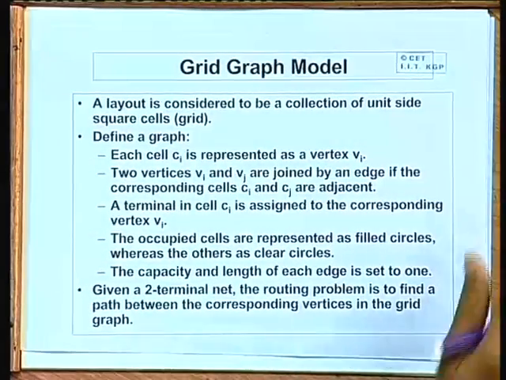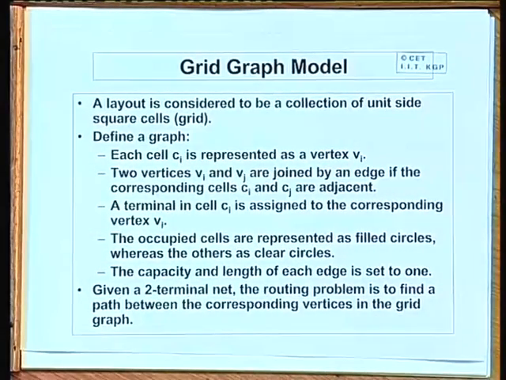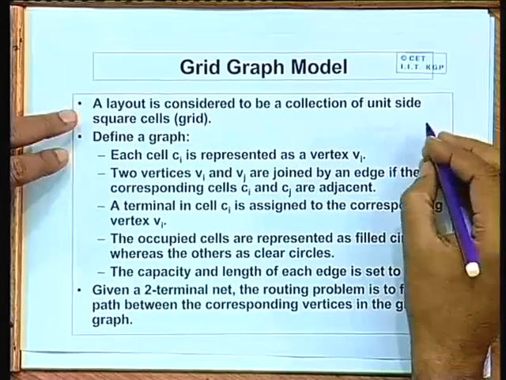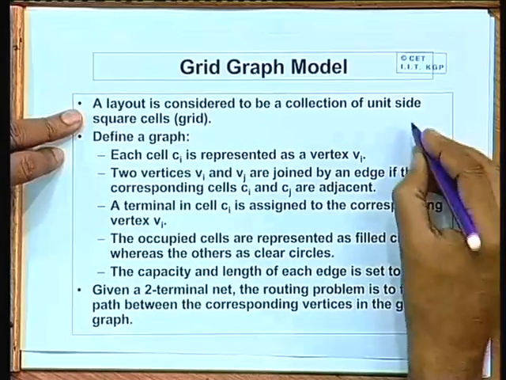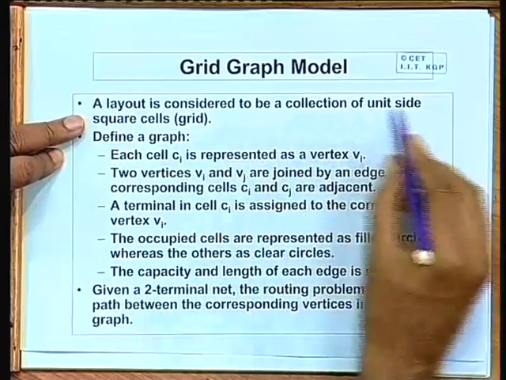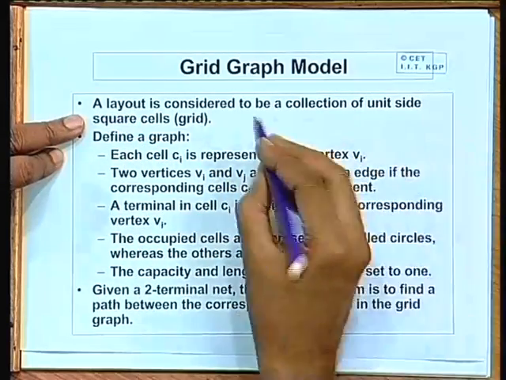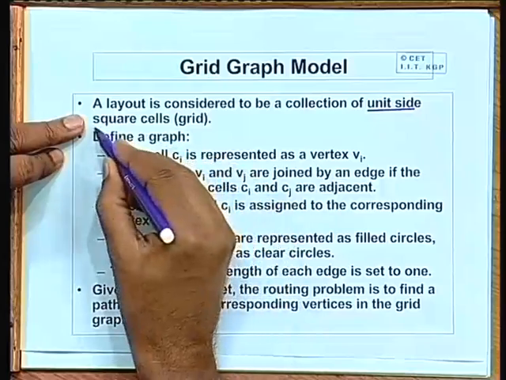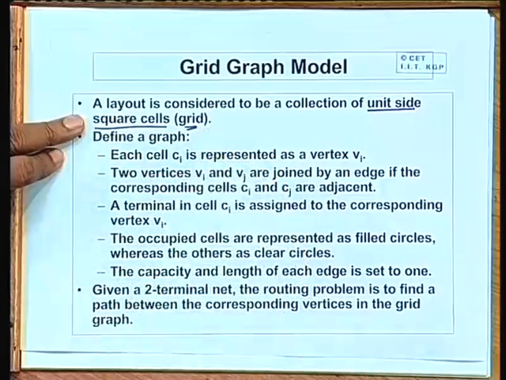First, we talk of the grid graph model. Just like Lee's algorithm we had mentioned earlier, we have the layout considered as an array of unit size square cells. These are the so called grids.